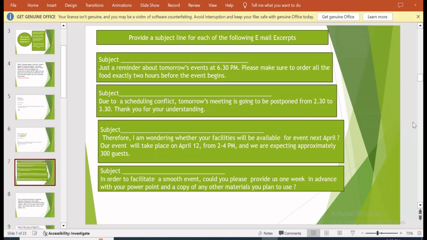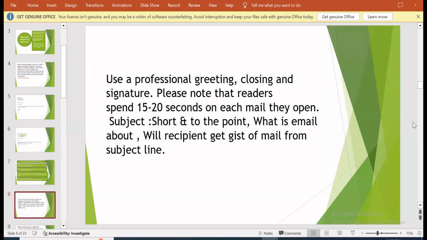Let us go to another thing. I have already explained that whenever you are writing an email, there should be a proper closing and proper signature. And I am telling you, a person gives just 15 to 20 seconds whenever you are sending mail. It is not that every mail the person will open and check. When I completed my service, there were around 3,000, 4,000 mails.